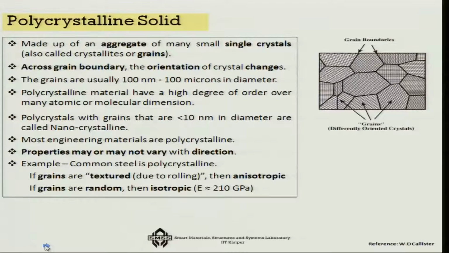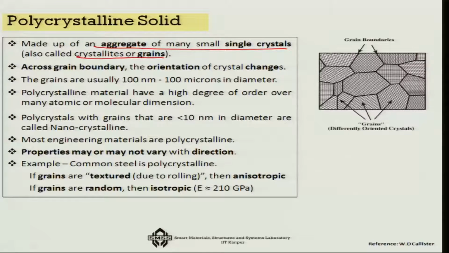Now, let us come to the polycrystalline solids, because this is much more practical, as there are always impurities in a material. As I have mentioned here, they are aggregates of many small single crystals. They are also called crystallites or grains.